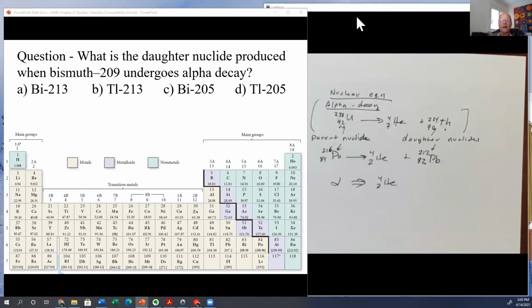When our solar system was formed, it formed a certain amount of uranium-238, and all that uranium-238 is slowly decaying away with a half-life of about 4.5 billion years. But we'll get to that. Yes, it is spontaneous. Great question.